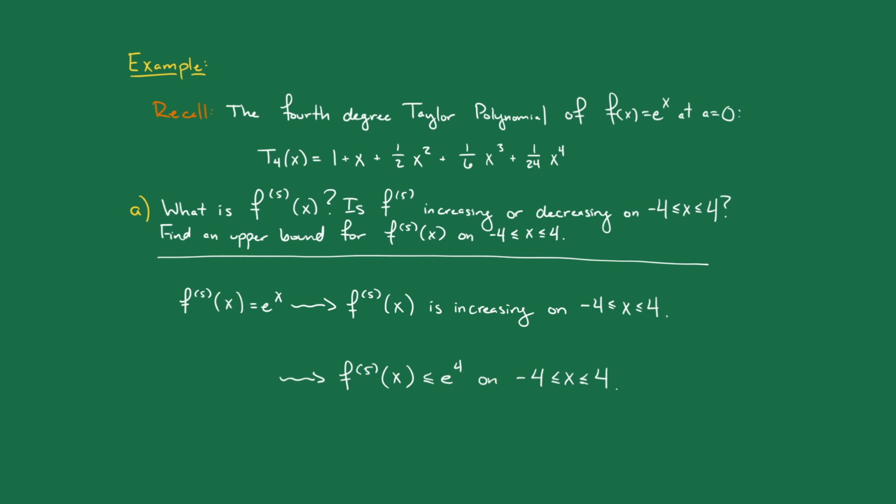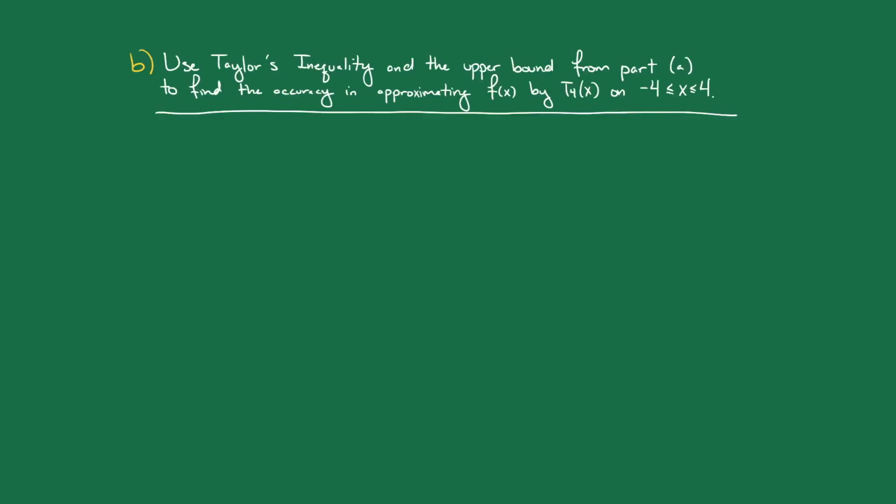Now, the last part of Taylor's theorem involves finding an upper bound for the remainder r sub n of x. So let's try to apply this part to our example. That is, let's use Taylor's inequality and the upper bound from part A to find the accuracy in approximating f of x by t sub 4 of x on the interval -4 to 4. In order to use Taylor's inequality, we need a good value for m.